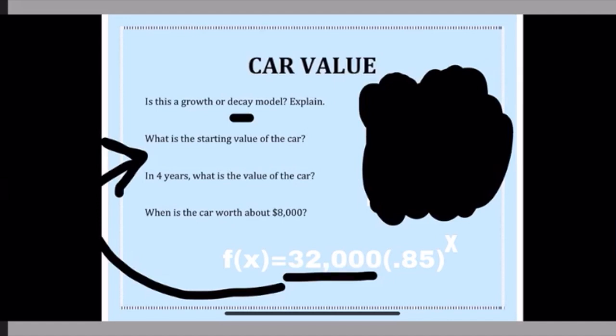Or you could do algebra and plug in 8,000 in place of f of x, but that requires logs, and I'm not sure if Miss Taylor would like to teach that yet. That's a little more complicated.